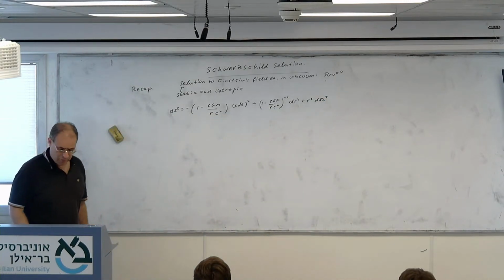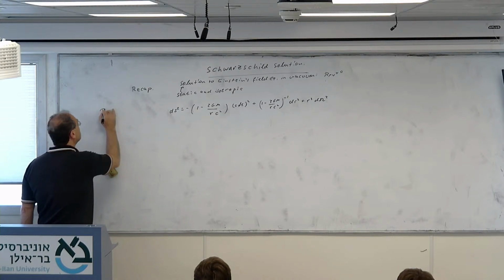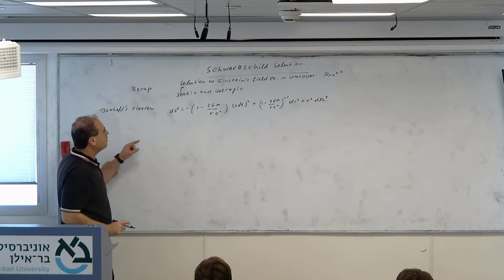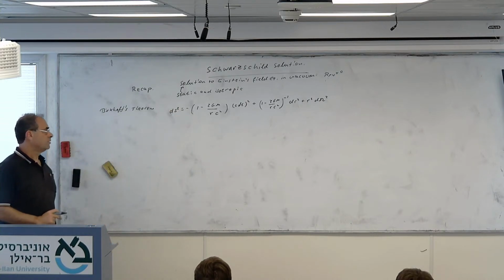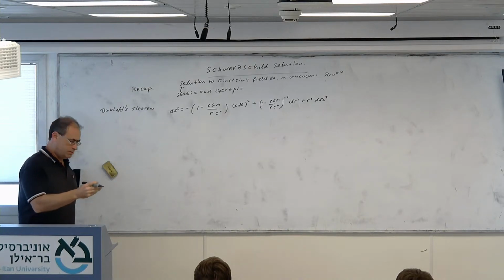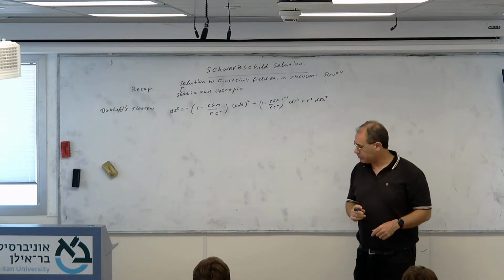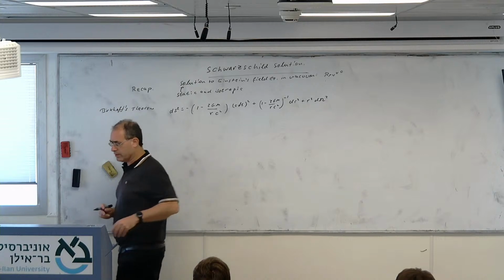And I argued that there is a theorem, called Birkhoff's theorem, which says this is the only static and isotropic solution of Einstein's equation in vacuum. And that comes to a point: just when we finished, there was a question that you asked me about other solutions.